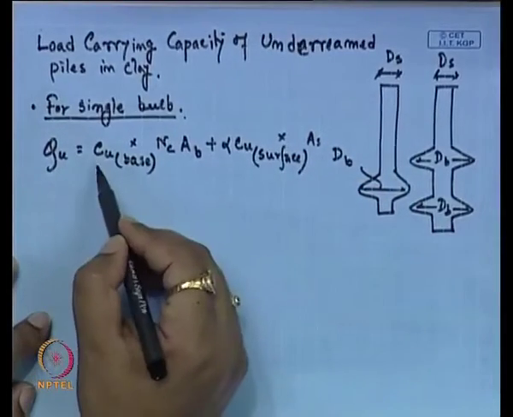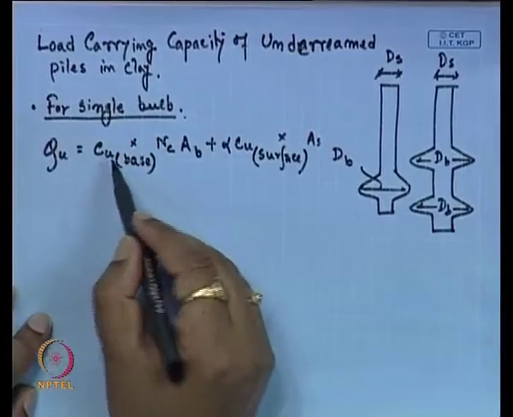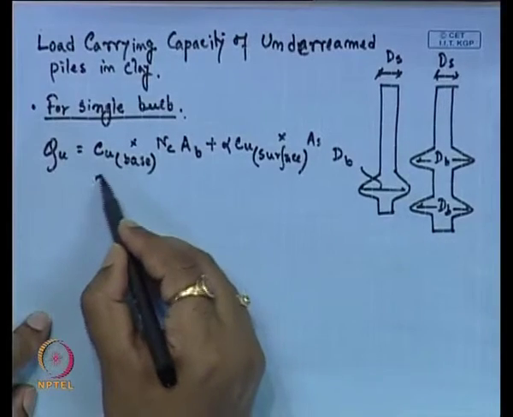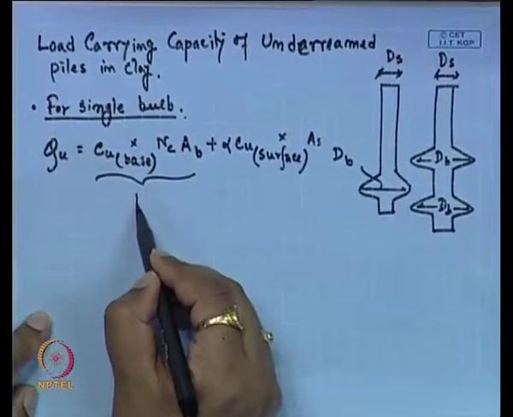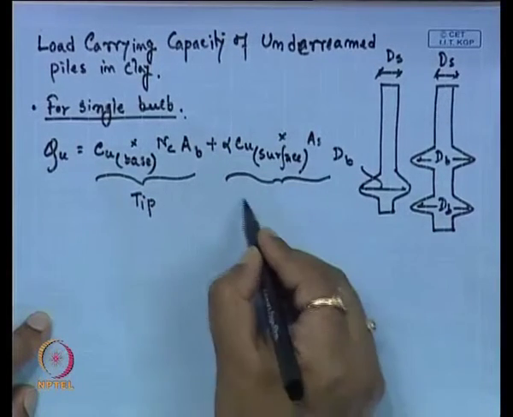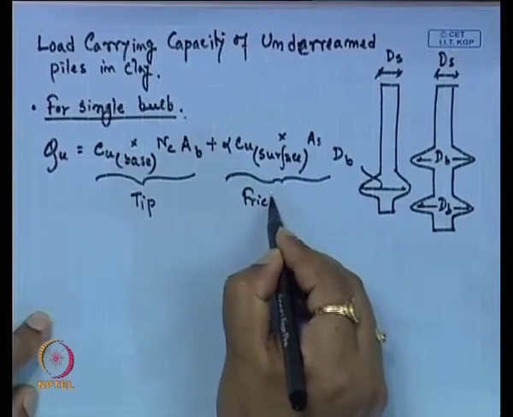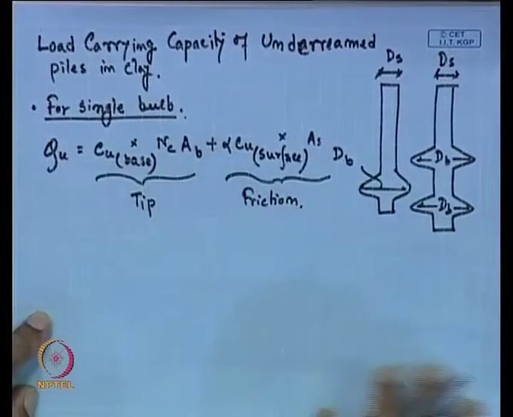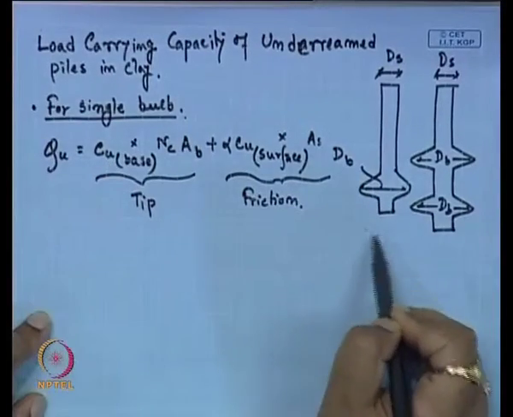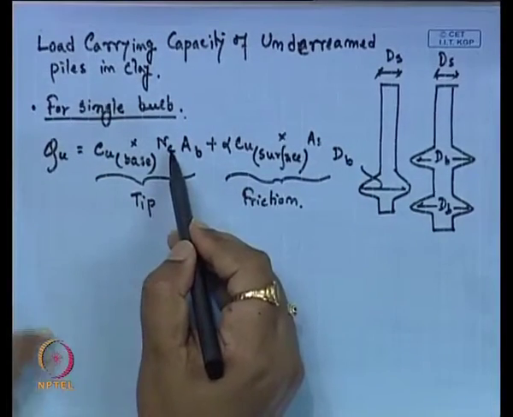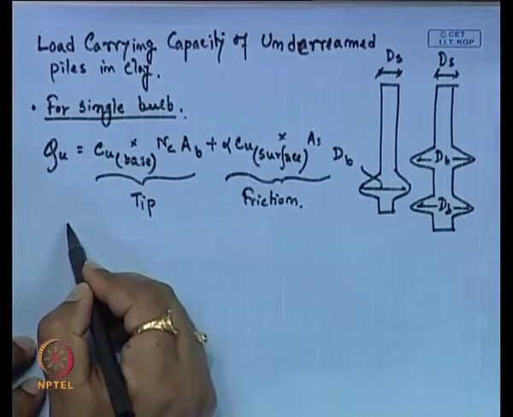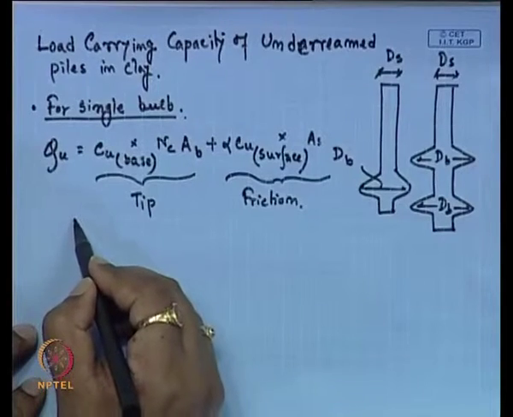So, that means C u base is the cohesion at the base level, because this is the contribution from the tip, and this is the contribution from the surface friction. Here N c is the bearing capacity factor, and A b is the area of the base.